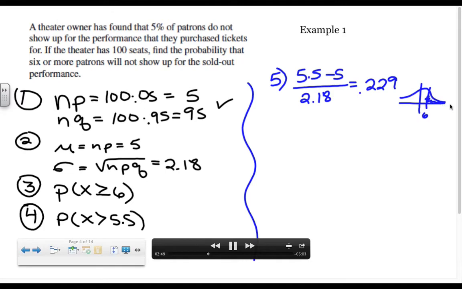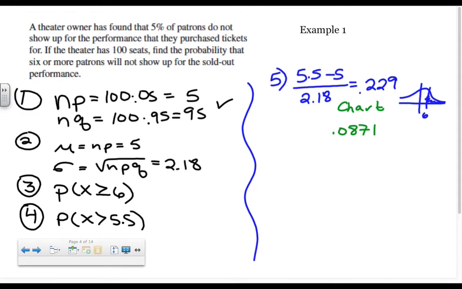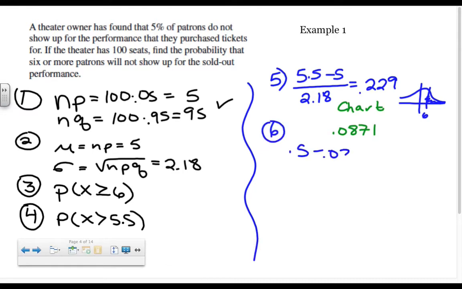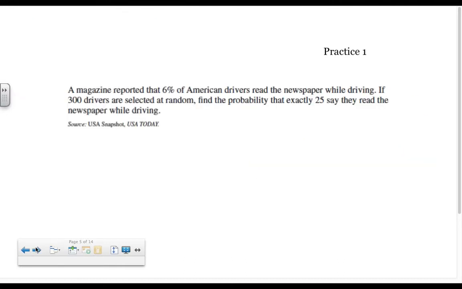We're looking for the tail, so we'll have to subtract from 0.5 once we get the area. There we go. Okay, so if I look it up on the chart, it's 0.0871. So I will subtract that from 0.5 to get my probability of 0.4192. So there is a 41% chance that 6 or more people do not show up for the show.